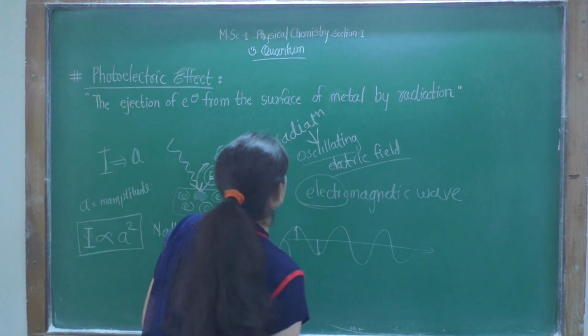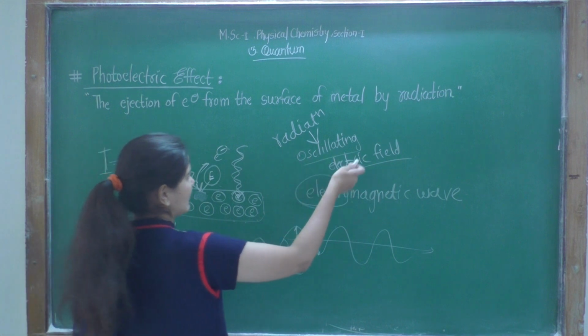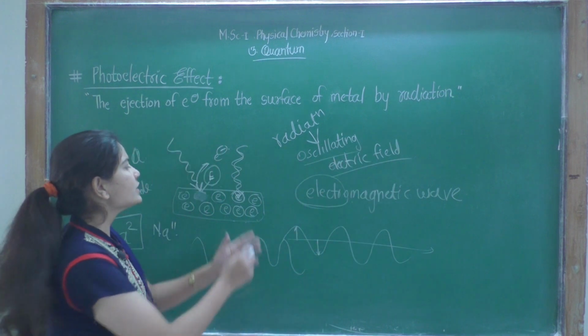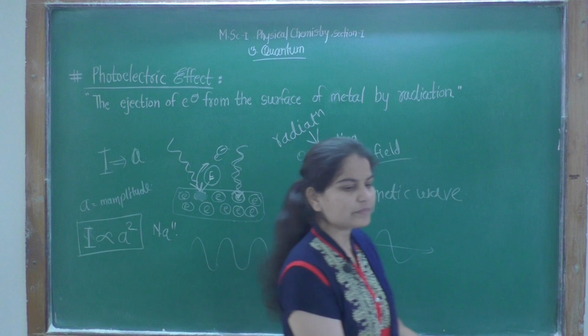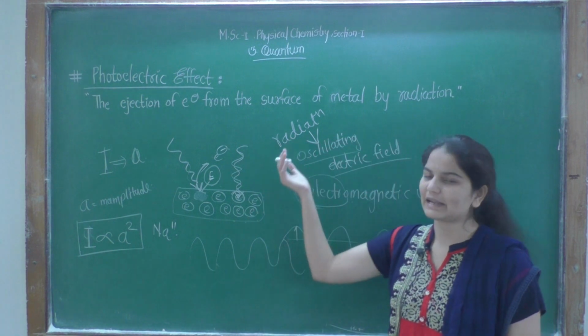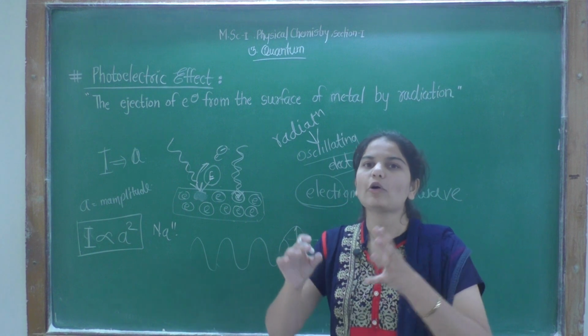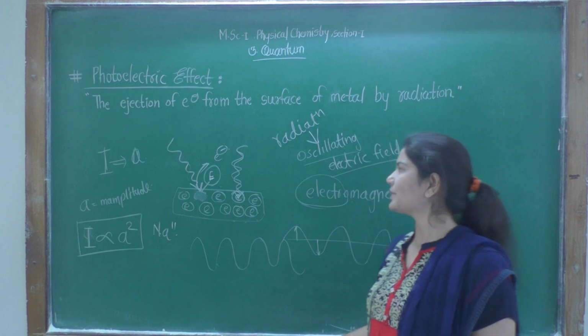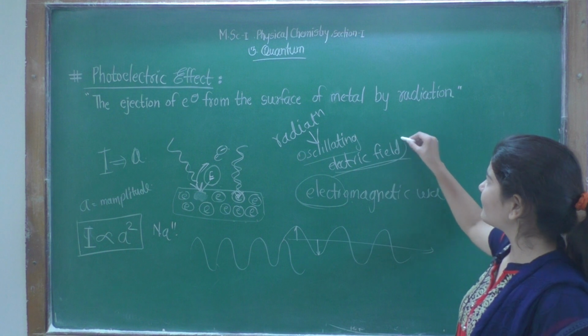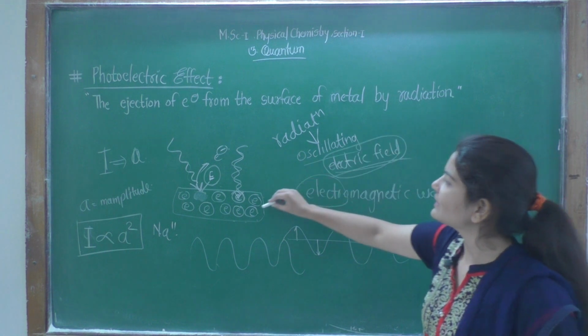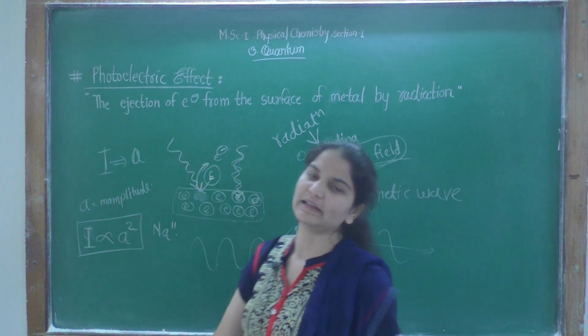And a magnetic field also. Due to that oscillating electric field, the electrons on the metal surface in contact with this radiation will also start to oscillate, right? Because of the presence of the oscillating electric field, the electrons will start to oscillate.